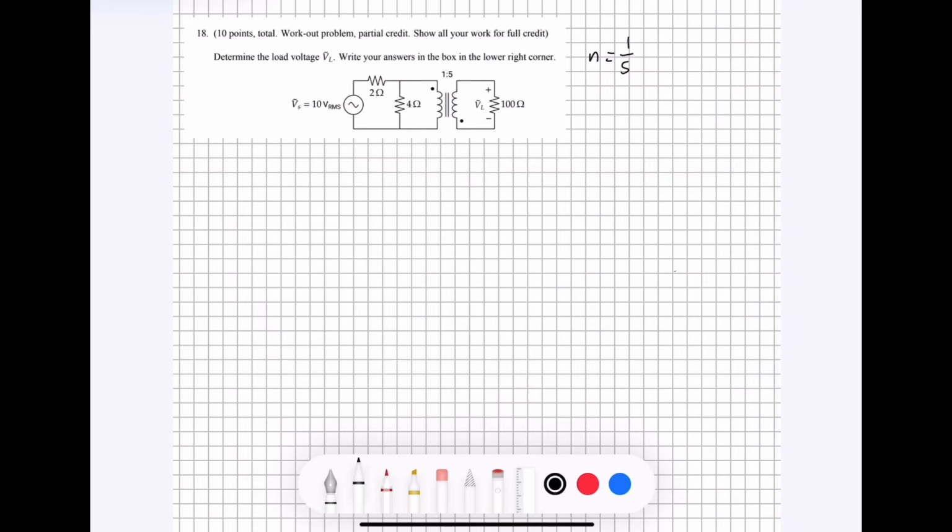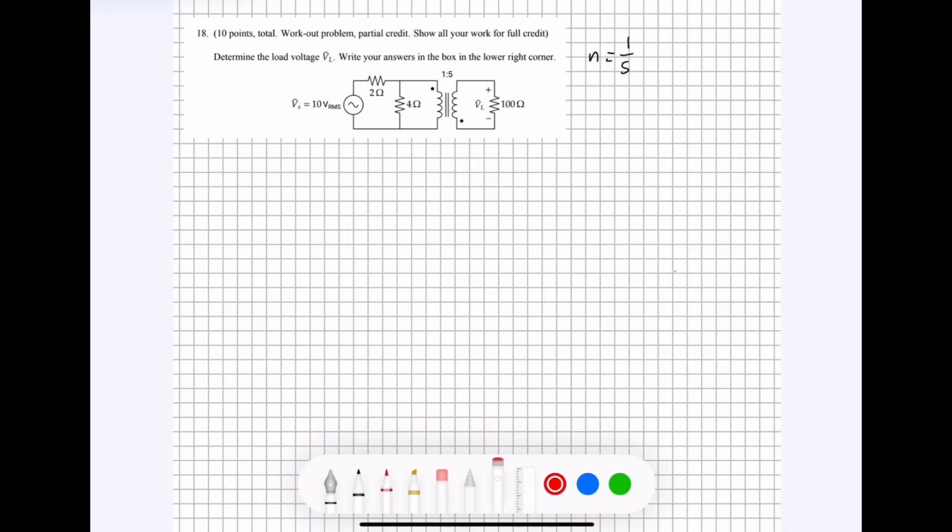All right, so jumping into how we would actually solve this problem, the first thing we want to do is simplify the circuit by taking these two individual sides and combining them in a way that allows us to solve for the current going through the primary side.